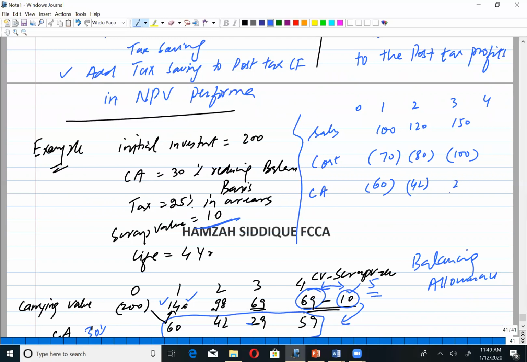29. And 52. 59. Sorry. And 59. It has to be deducted here. Now, net profit, taxable profit, will come here.